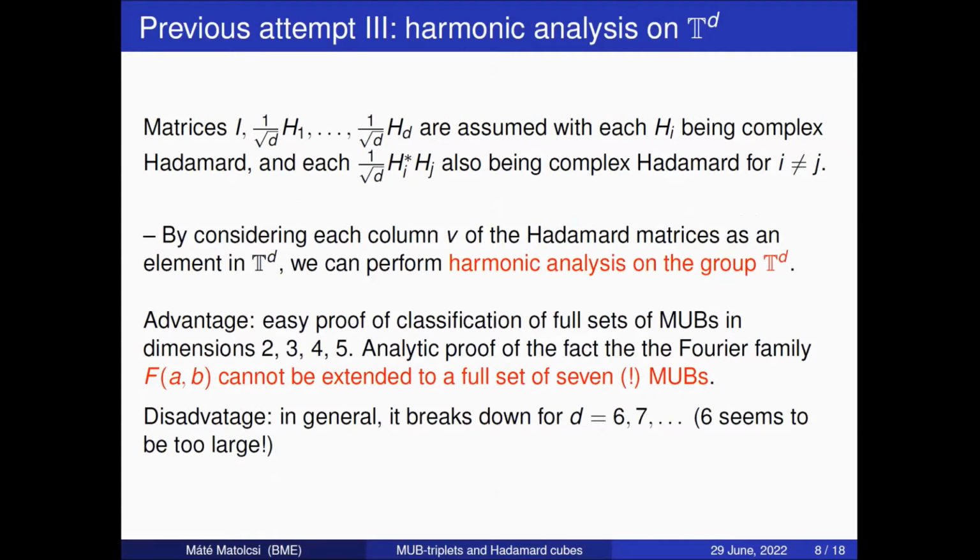So we basically abandoned it, and we had another idea. Why not try to do some harmonic analysis, basically Fourier analysis, but I didn't want to use the word Fourier because I'm using it for the Fourier family, the Fourier matrix. So I say harmonic analysis on the abelian group torus to the D. This is possible because, as we said before, each column of the Hadamard matrices can be thought of as an element in the torus to the D. And once you are in that group, you can try to perform some harmonic analysis, with very nice, very simple ideas.